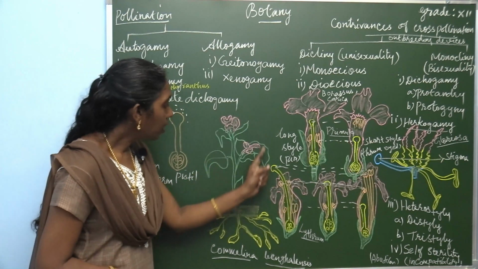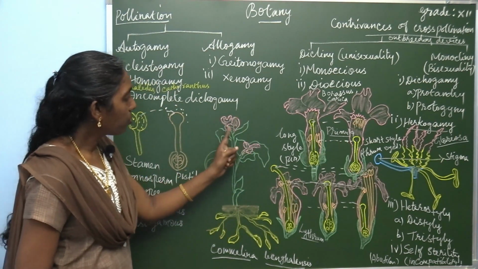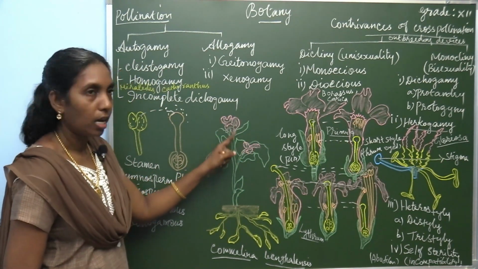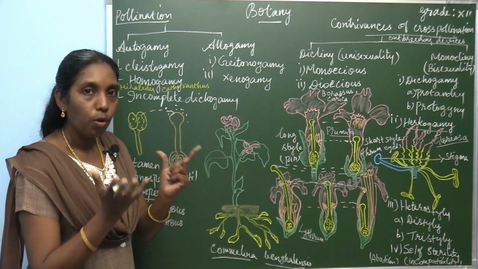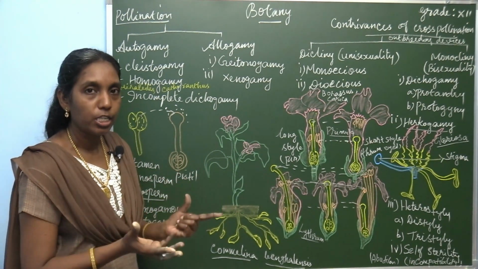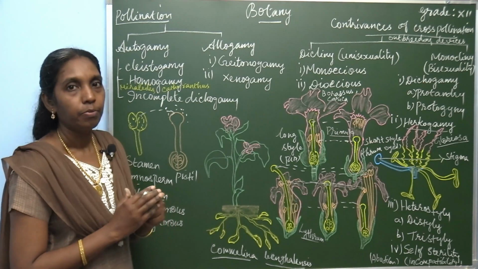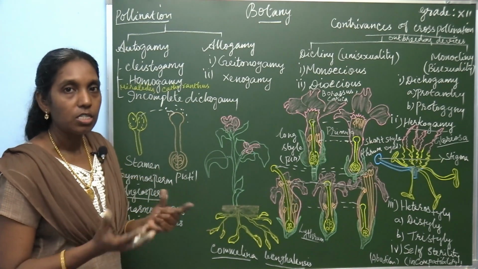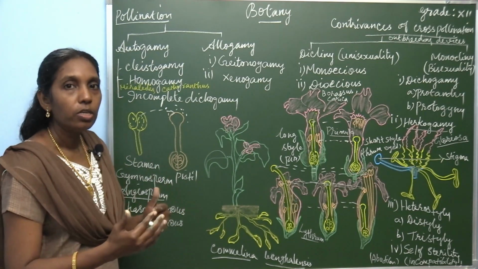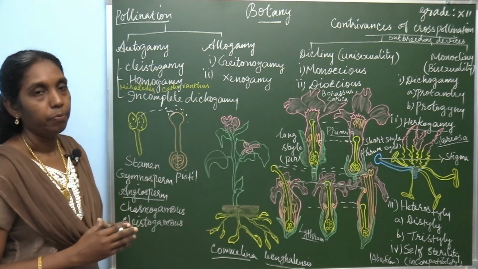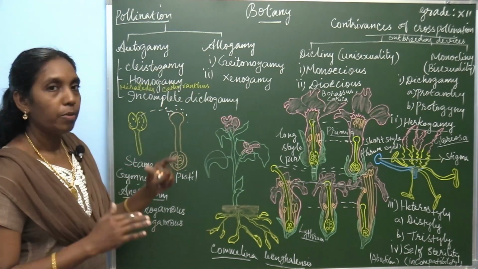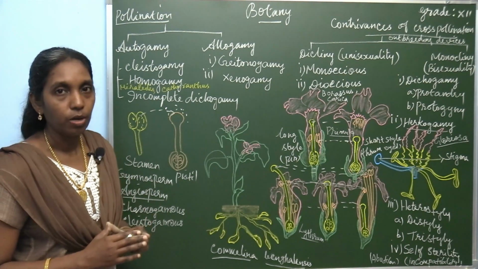The aerial part of the plant produces the chasmogamous flower. The flower is open and the floral parts are exposed out. The essential organs, stamen and pistils, are exposed out to promote self-pollination. And self-pollination mainly occurs in bisexual flowers.